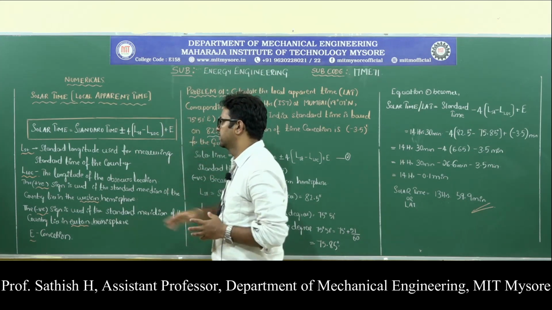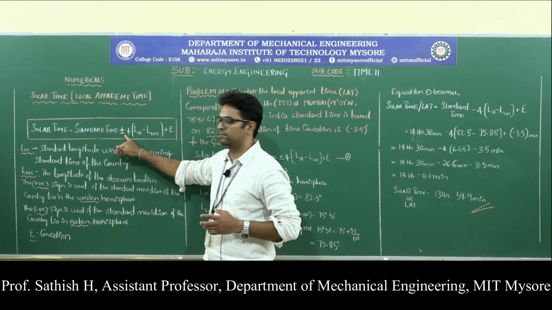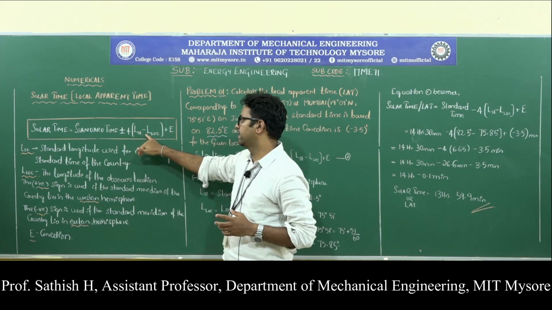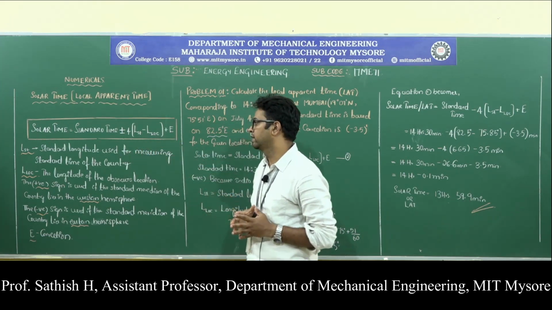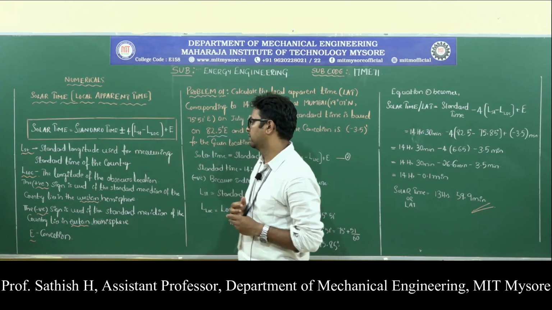Solar time equals standard time plus or minus 4 times (L standard minus L LOC) plus E. Here ST stands for standard and LOC for location.